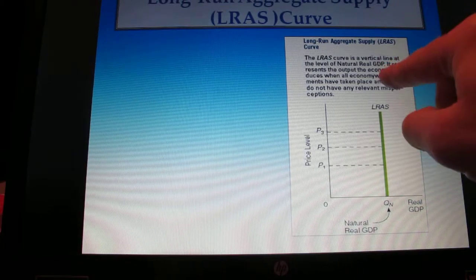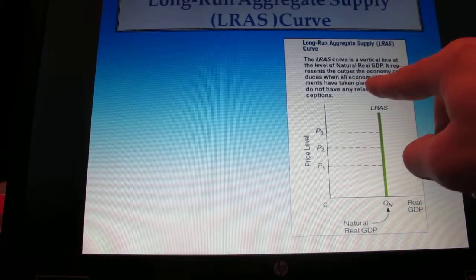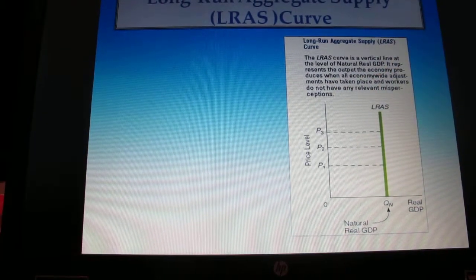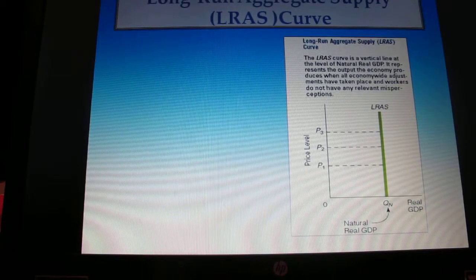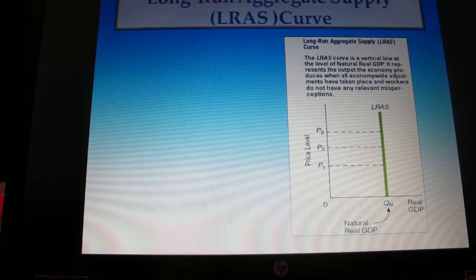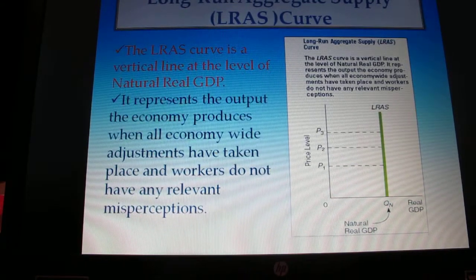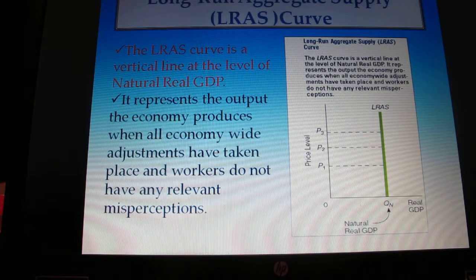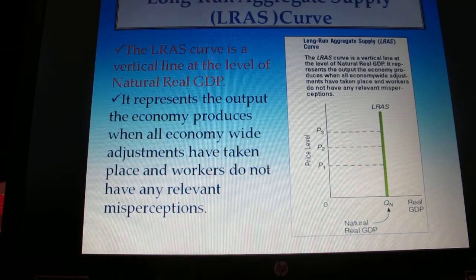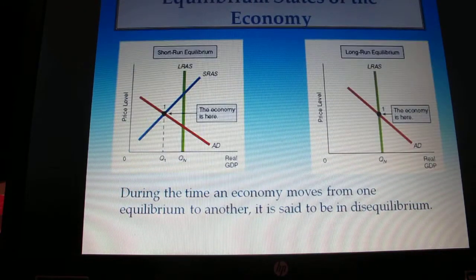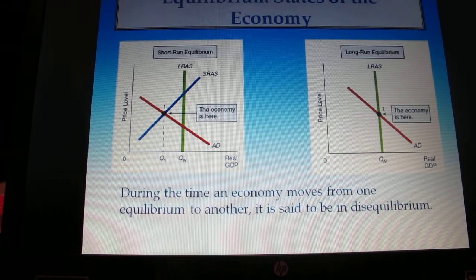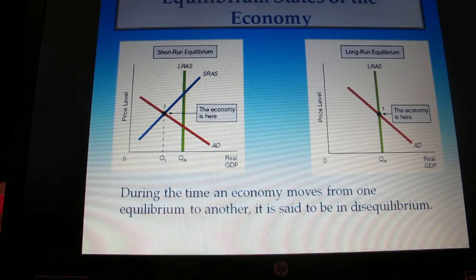It represents the output the economy produces when all economy-wide adjustments have taken place and workers do not have any relevant misperceptions. It's a vertical line at the level of natural real GDP. And once again, it represents the output the economy produces when all economy-wide adjustments have taken place and workers don't have any relevant misperceptions. So what do the states of the economy look like?